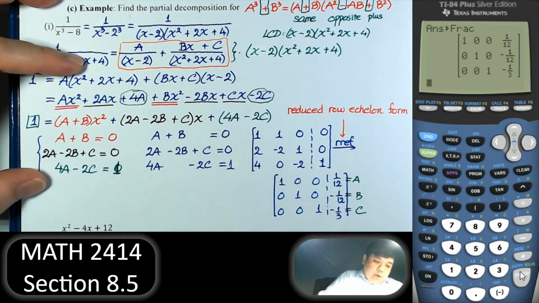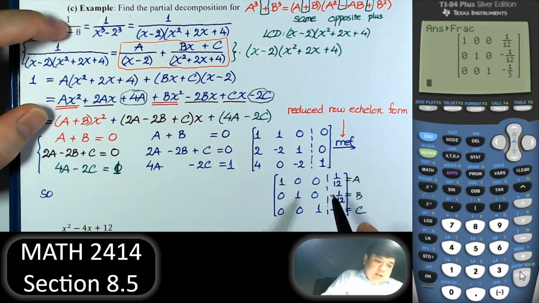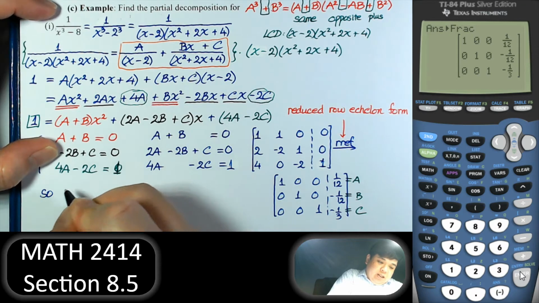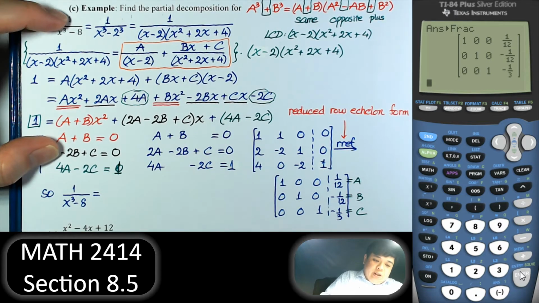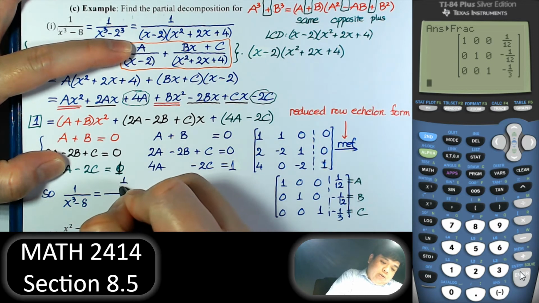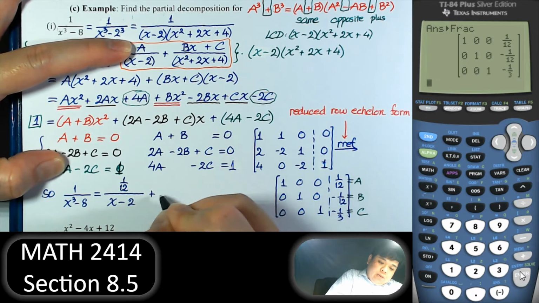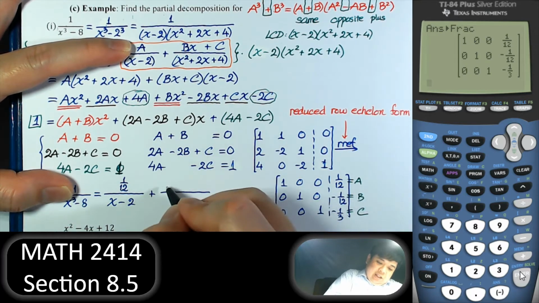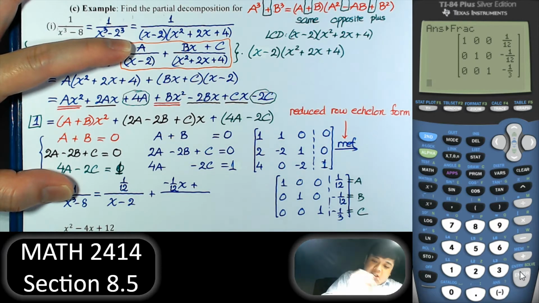So when we do that, we have, just write the original, will be equal to A over 12, B, and C. Was that negative one?